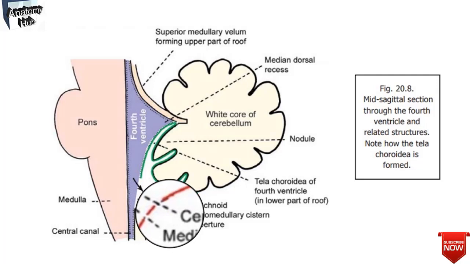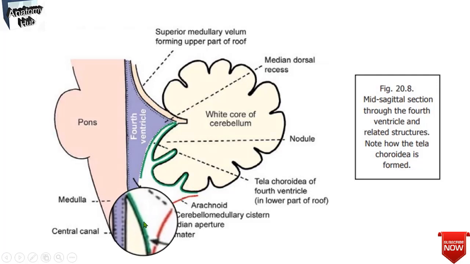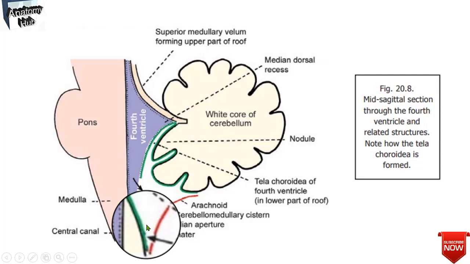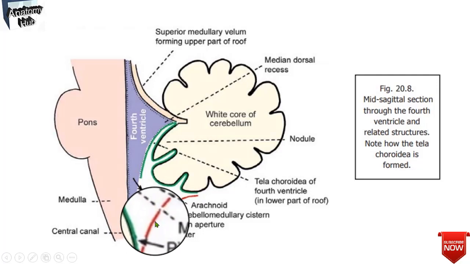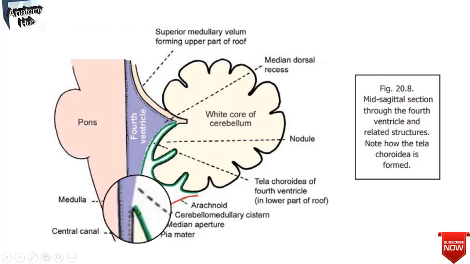When you trace laterally, the dorsal layer is continuous with the pia mater covering the cerebellar hemisphere, and the ventral layer is continuous with the pia mater lining the medulla.